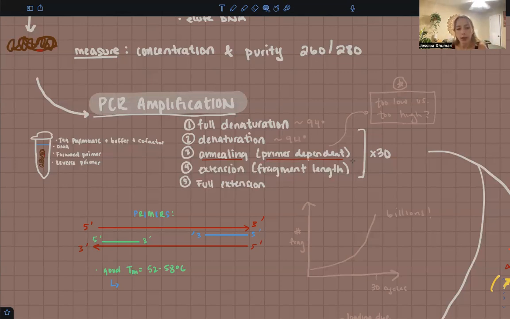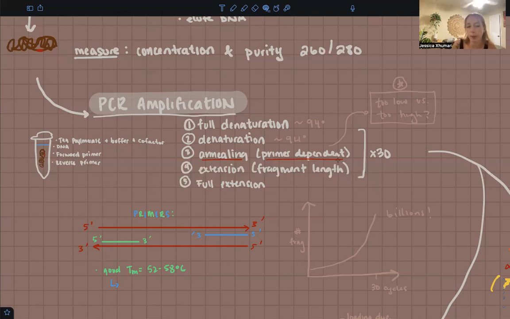But really it's because the annealing temperature refers to the temperature at which the primers will re-anneal onto the target strand of DNA, right? So this temperature is very important. If it's too high or too low, it'll have different consequences.